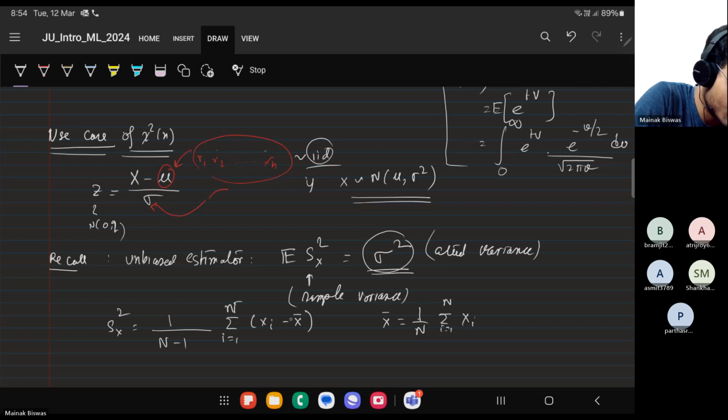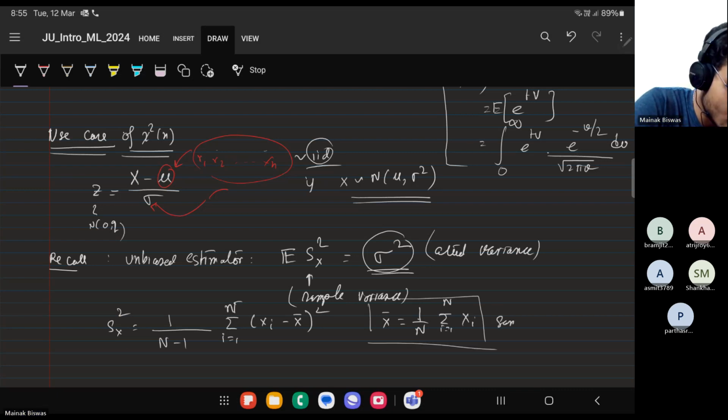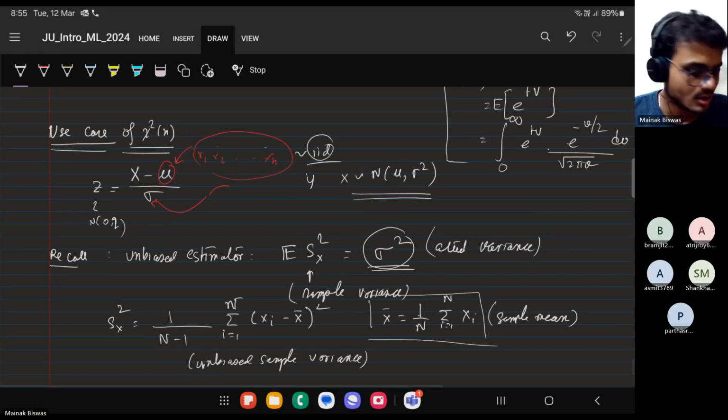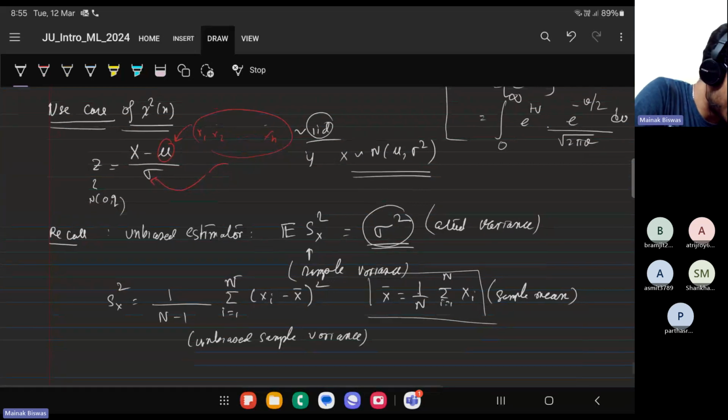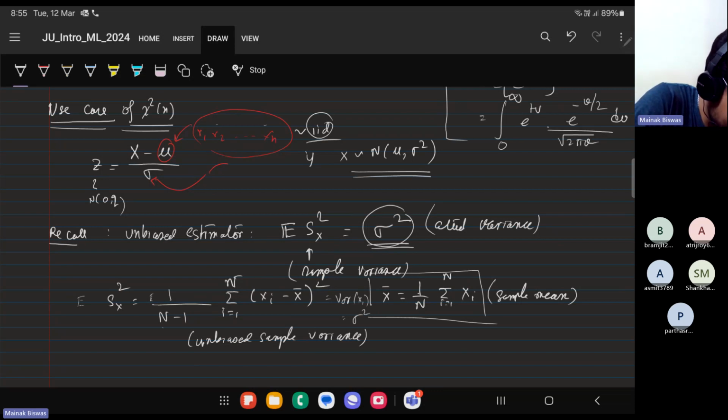You remember this? This is the sample mean, and this is the unbiased sample variance. Yes or no? We defined this last day. Any doubts till now? And we showed if you take expectation on both sides, this turns out to be variance of x1 or sigma squared. So this is our required sample variance.